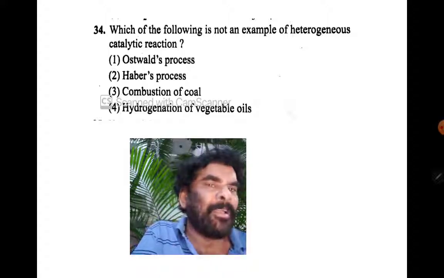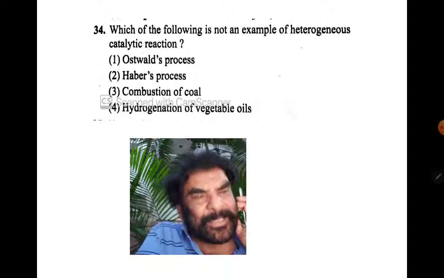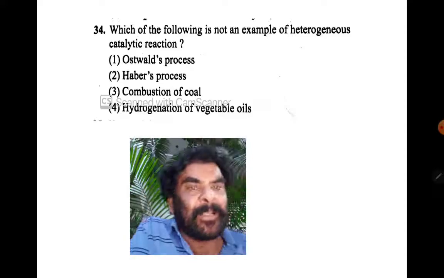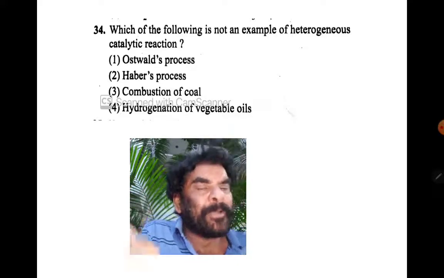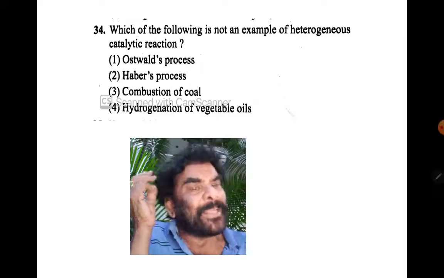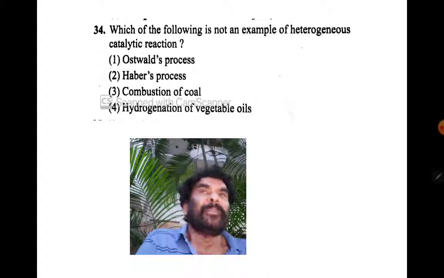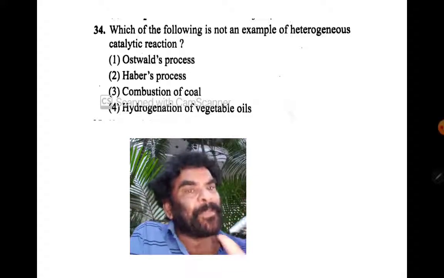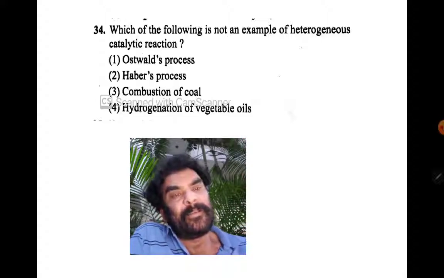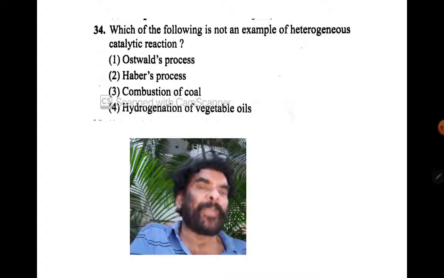But it involves activation energy and some equations and mathematical expressions related to chemical kinetics. So we will take up the catalysis part along with chemical kinetics, where it is more appropriate.